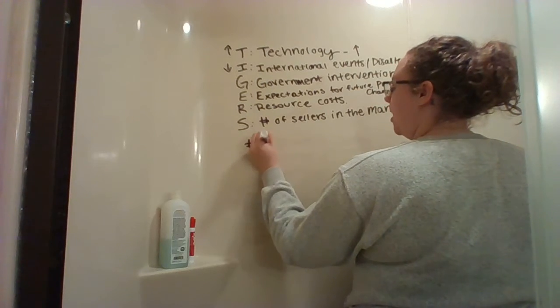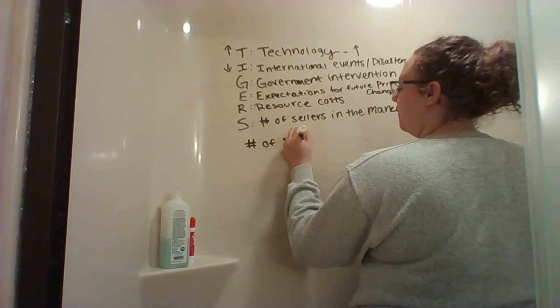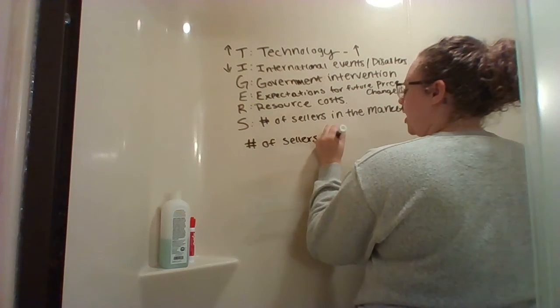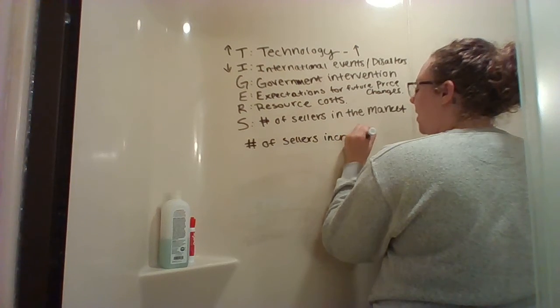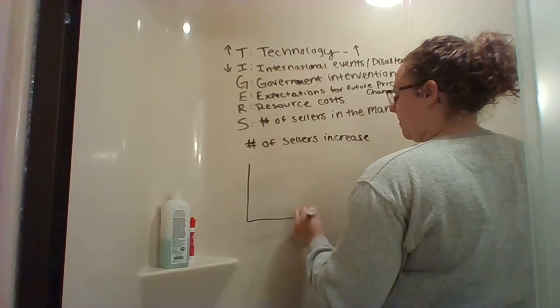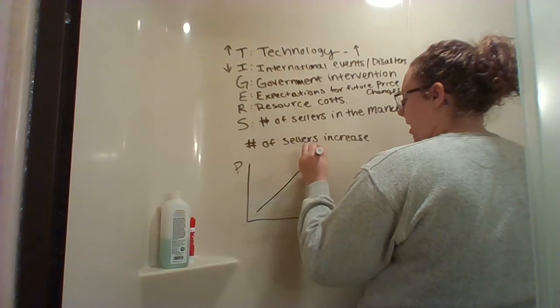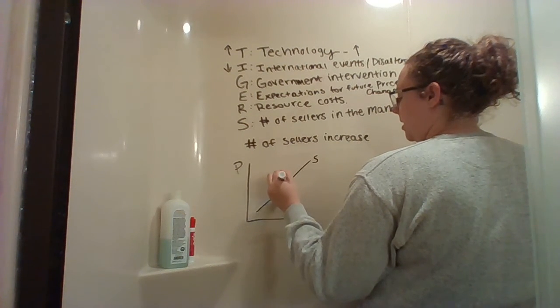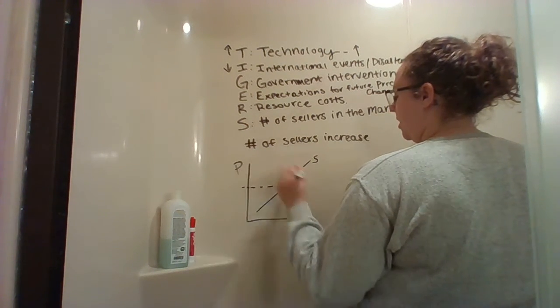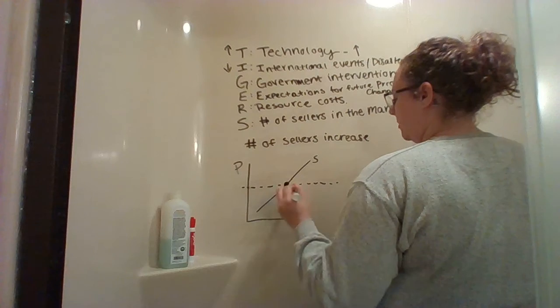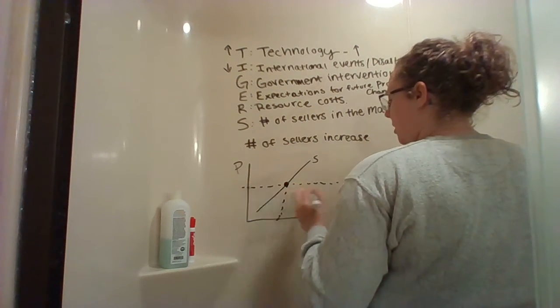Anyways, number of sellers increases. So now all of a sudden we have more of an item. Again, P, Q, S, dot, what's going to happen?